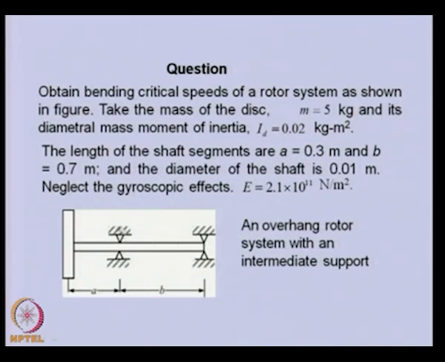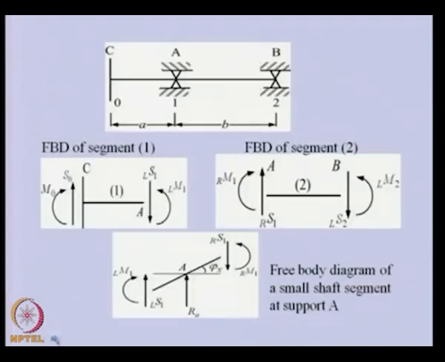Because this intermediate support gives an unknown reaction, and that unknown reaction creates a difficulty in transferring the state vector from the left of the support to the right of the support. So, we will see how this can be handled in the present example.